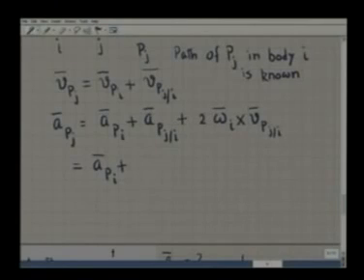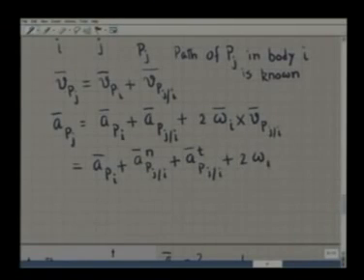The normal component I write APJI, say the normal component N, plus acceleration PJI, the tangential component which is tangent to the path and normal component is normal to the path, plus A Coriolis, which I write twice omega i cross Vpji.